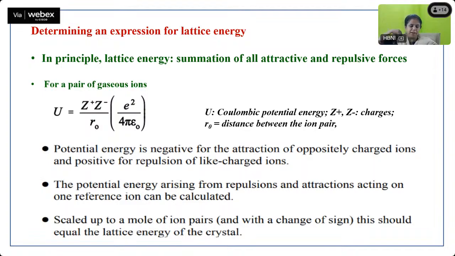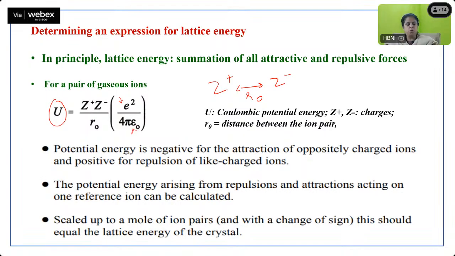If you remember your basic physics, the potential energy when you have two charged ions, Z plus and Z minus, separated by a distance R naught, is given by this basic formula, just remember this: Z plus into Z minus divided by R naught, and this constant e squared by 4 pi epsilon naught. This is the charge on the electron.